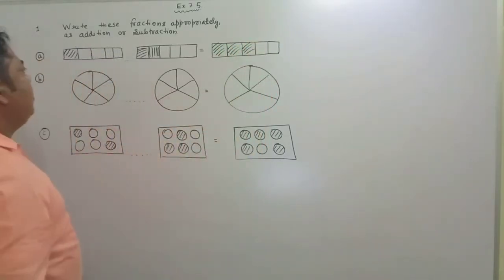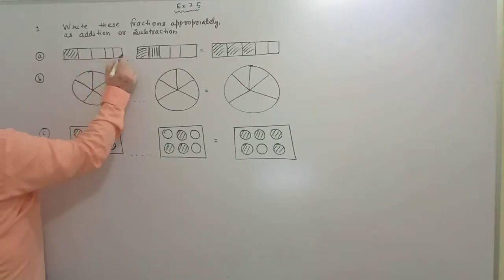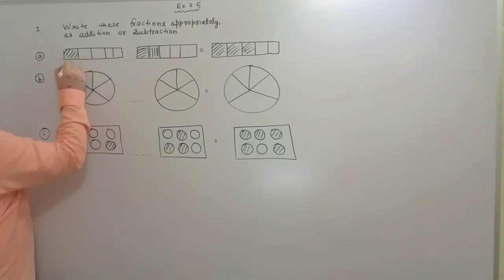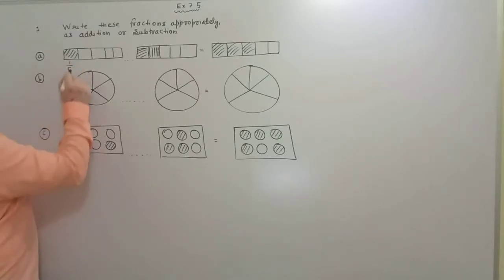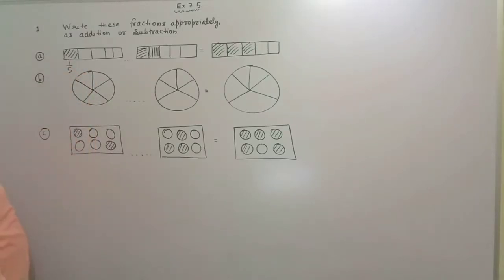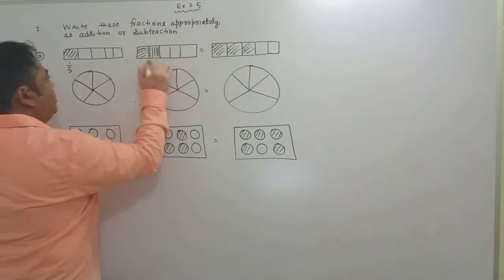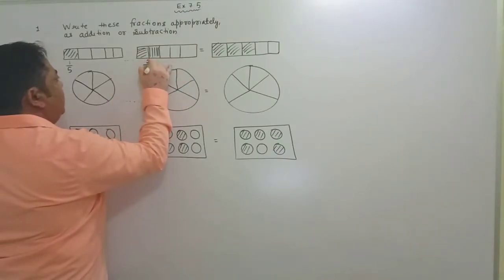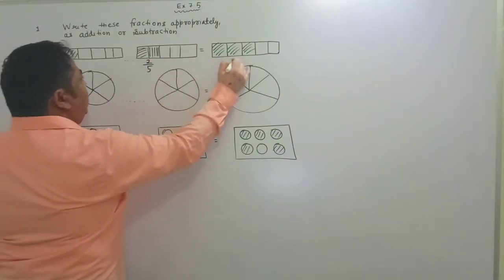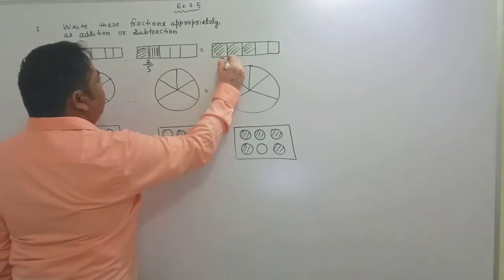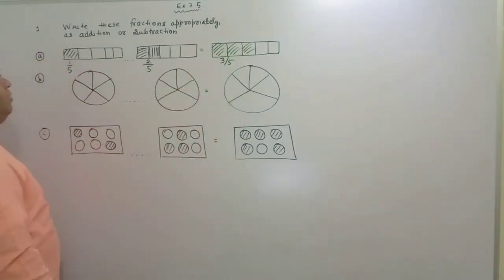Here, in total, how many boxes are there? There are 5 boxes. Out of 5 boxes, 1 box is colored. Here out of 5 boxes, 2 boxes are colored. And here, 3 by 5 boxes are colored.